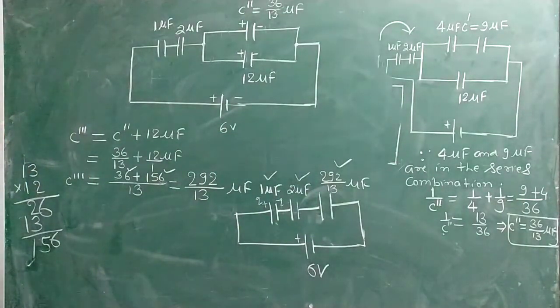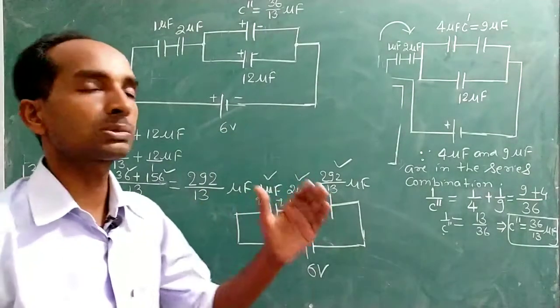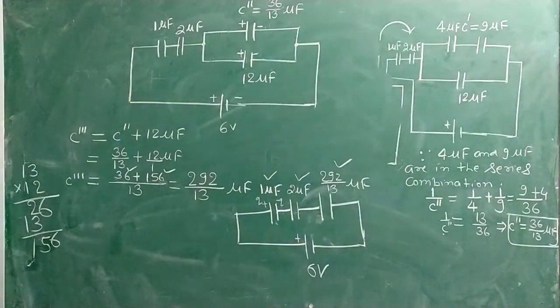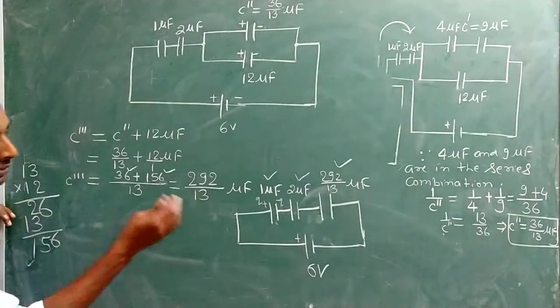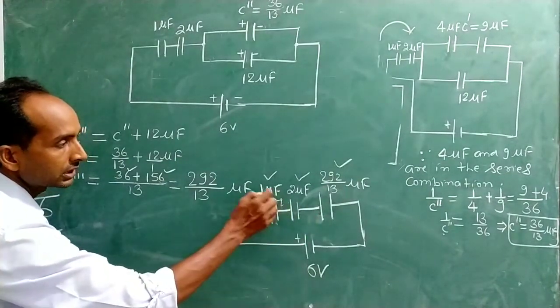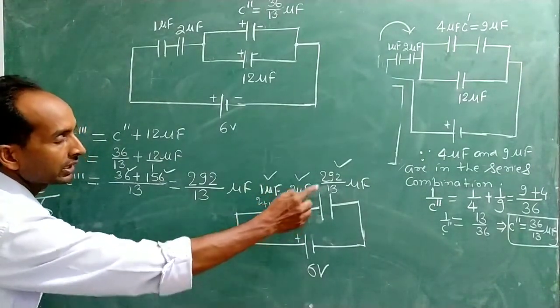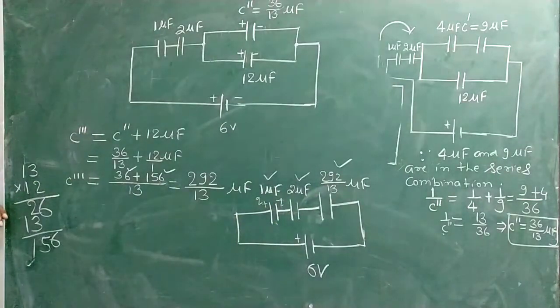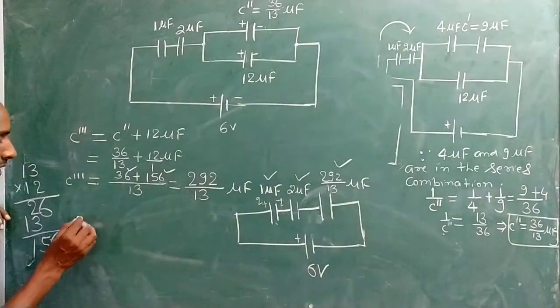That means they alternately have plus and minus charges. So we will find the equivalent of these three capacitors, which are in series combination.